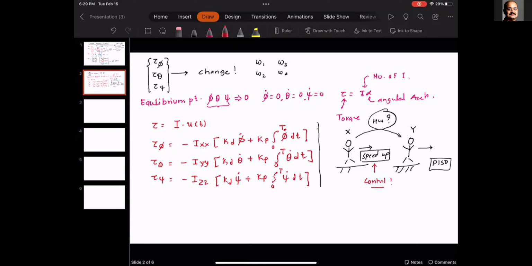Let me give you some simple examples. If person Y is walking quickly or his speed increases, for X to catch up with person Y, he needs to speed up.